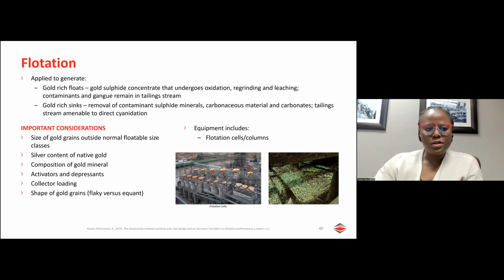The important considerations include the size of the gold grains, the composition of your stream, and the selection of your activators and depressants that are used in your flotation circuit. The types of equipment that are generally used are agitation tanks and flotation columns.